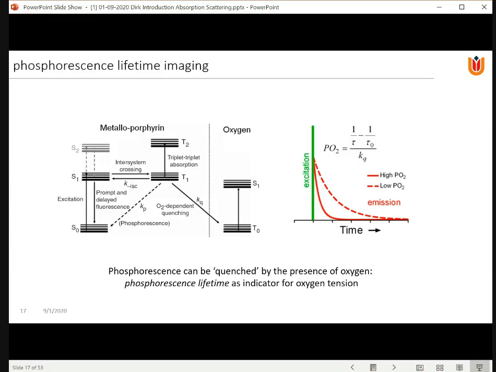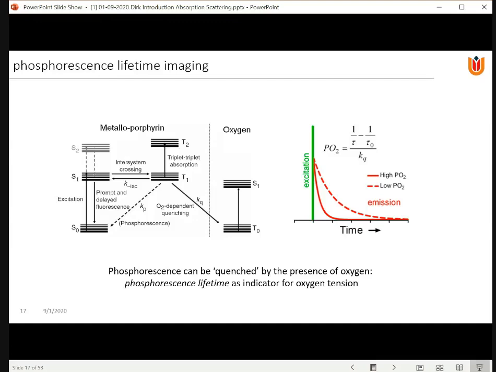Yeah, exactly. If the molecule is still in the T1 state, of course you can send in another photon, and maybe that gets absorbed. So you could also have triplet absorption, from where it can fall back again to the triplet state. So you can do some probing with light on these states as well.